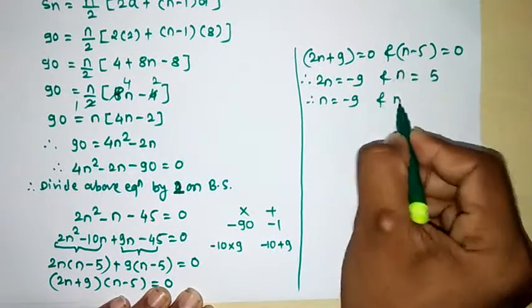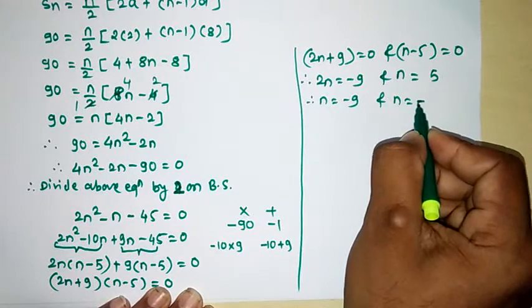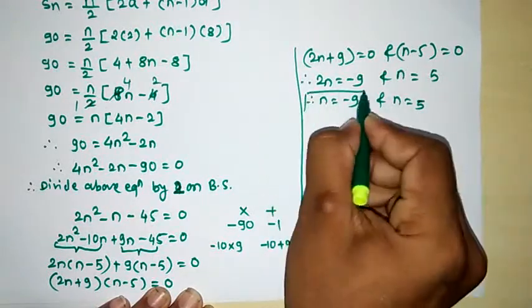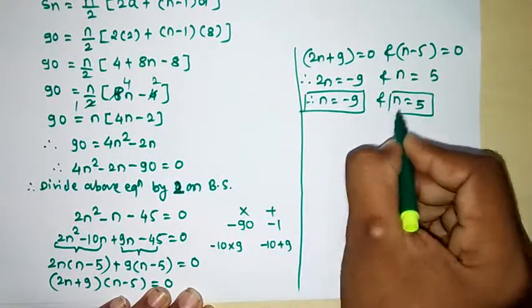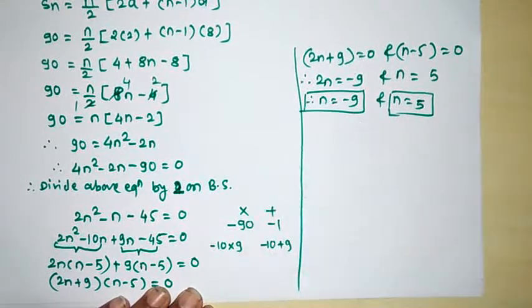And here, we got the two values, that is n is equal to minus 9 by 2 and n is equal to 5. But we know that number of terms can't be negative. Number of terms negative नहीं रह सकते. Therefore here the value acceptable is 5 only.